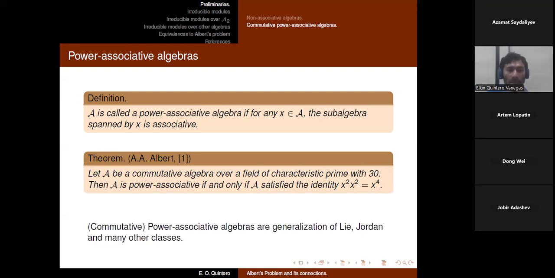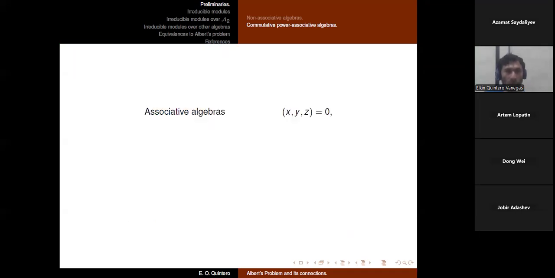It's clear that power-associative algebras are generalizations of Lie, Jordan, and many other classes of algebras, and we have the following picture. If every 3 elements in an algebra span an associative algebra, we have an associative algebra.